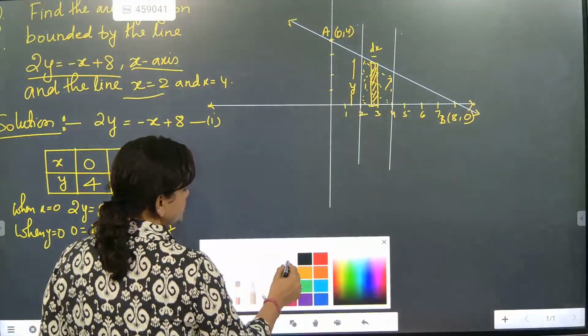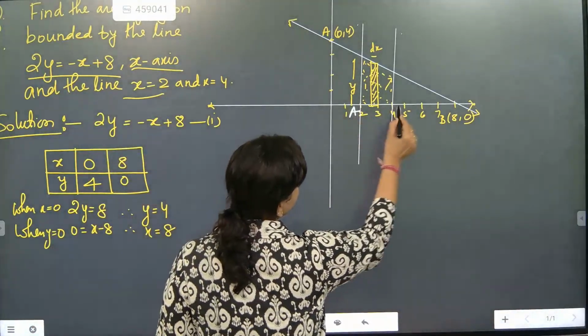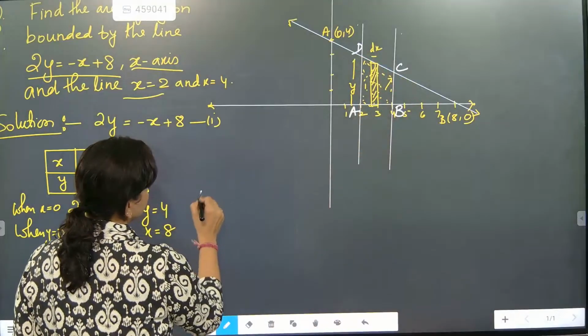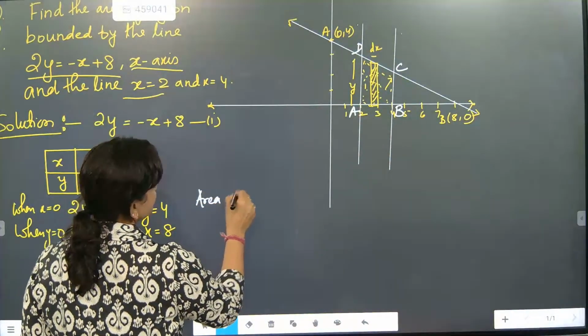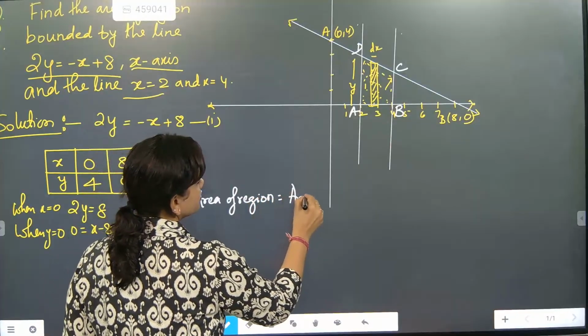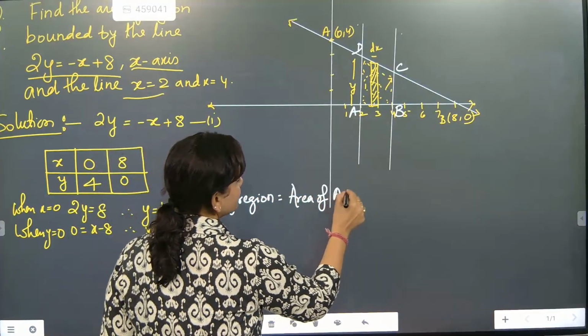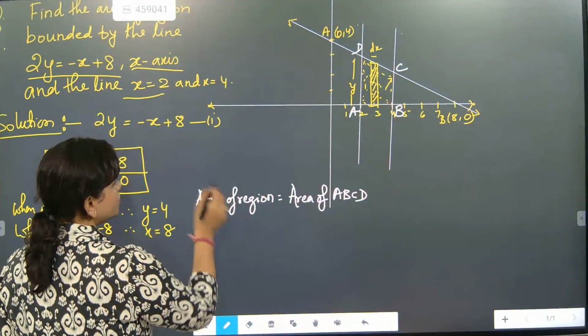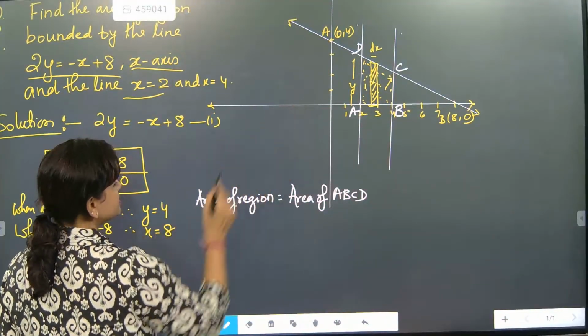What are the points here? We will write A, B, C, D. So area of region is equal to area of ABCD. Understood?